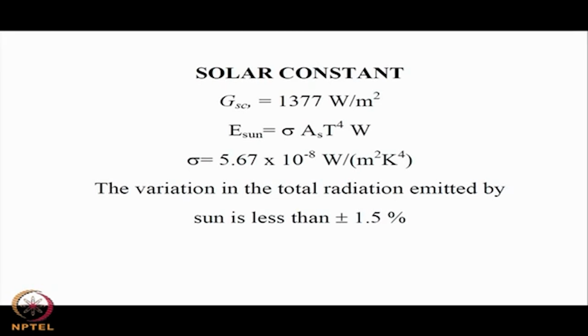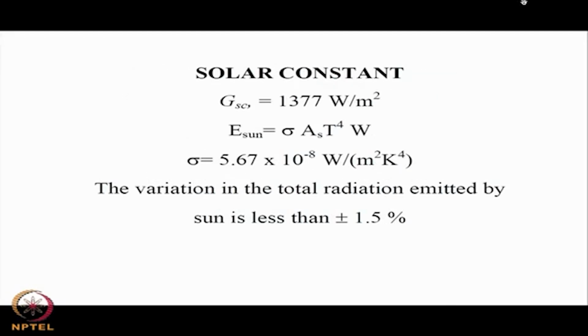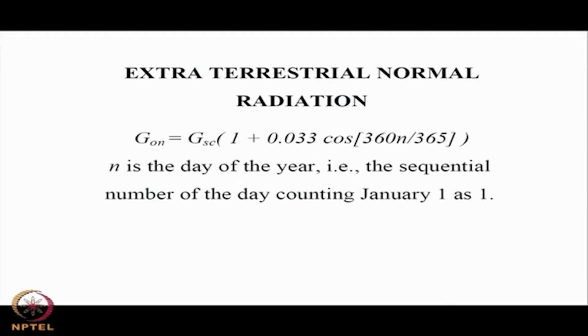The variation in the total radiation emitted by sun is less than plus minus 1.5%. These are because of the local disturbances like sun flares etc., but that is often neglected considering many of the uncertainties that we have in measurement techniques themselves, because no instrument is 100%.